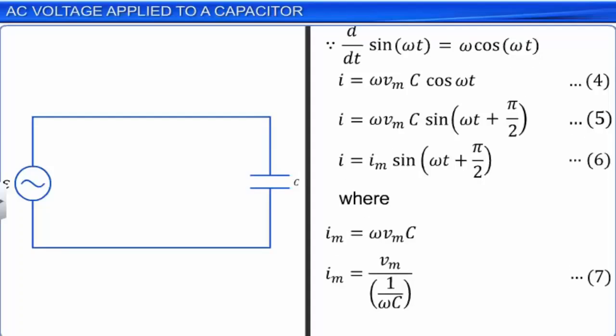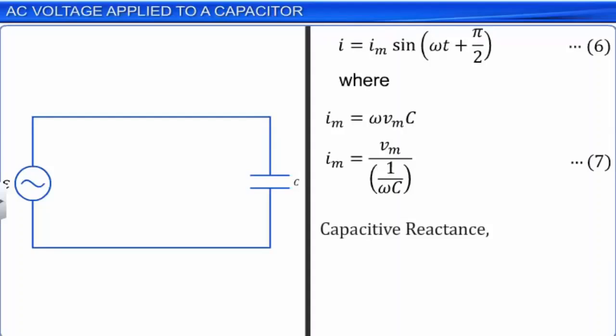Capacitive reactance is denoted by Xc. Hence, this term is denoted by the inverse of the product of angular frequency, omega, and capacitance, C. Let this be equation 8.